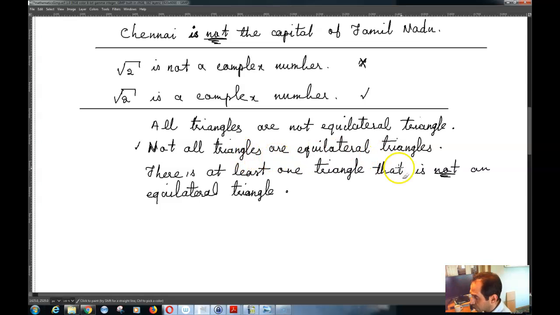There is at least one triangle that is not an equilateral triangle. Okay.